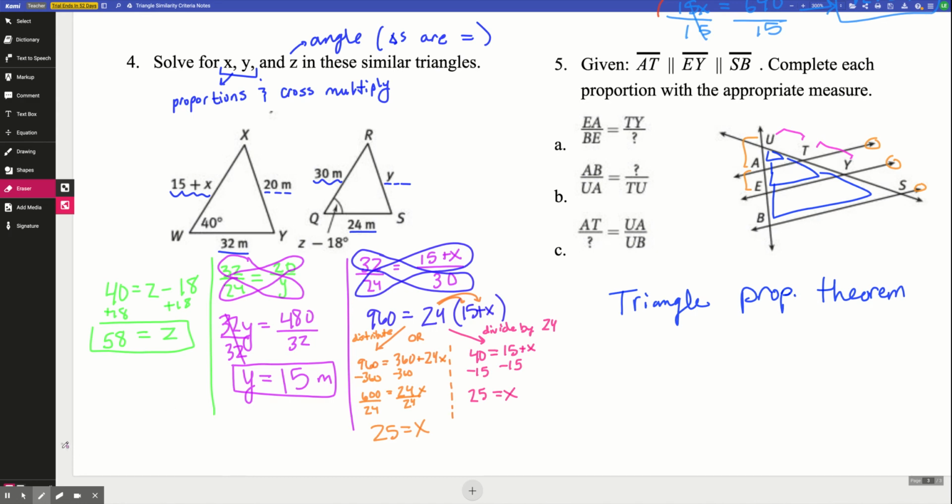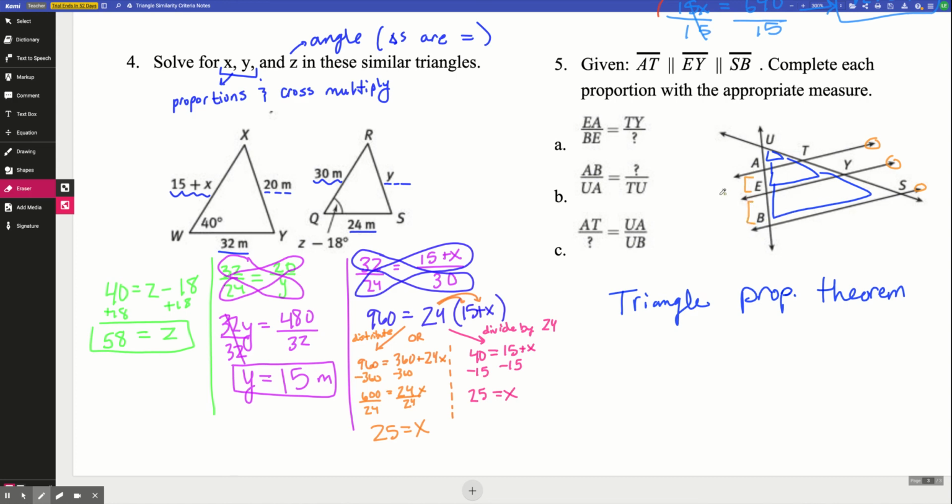So if we look at the questions here, they don't want us to actually solve for anything. Rather, what they want us to do is figure out which missing side proportion would go with these proportions here. So I have EA over BE, right?